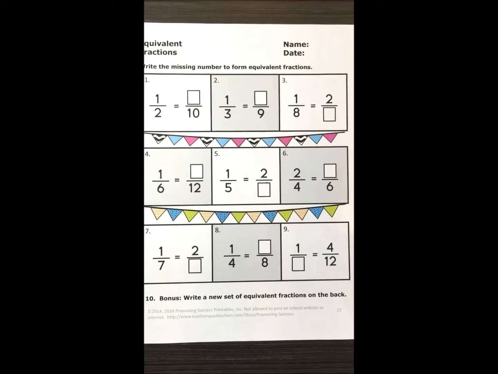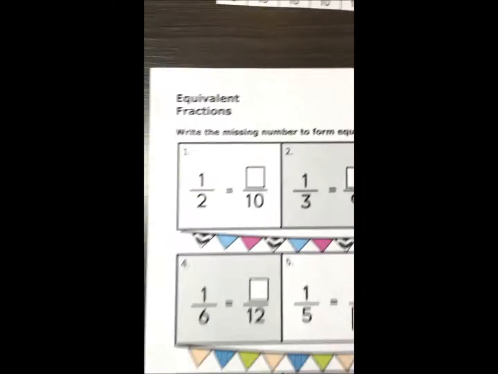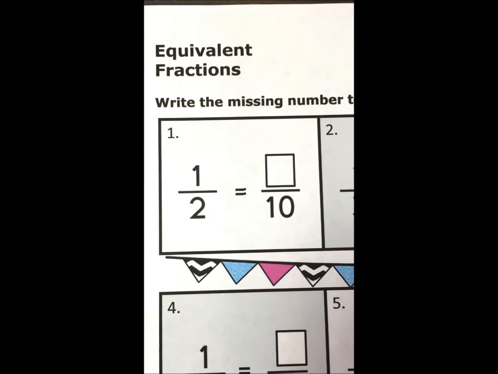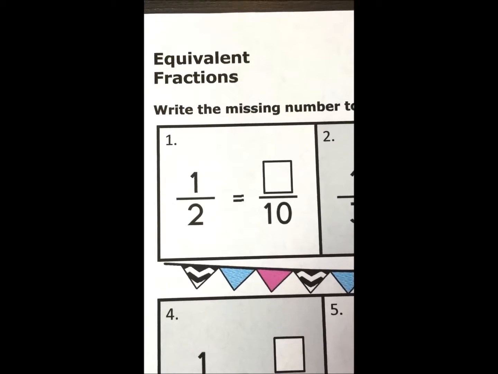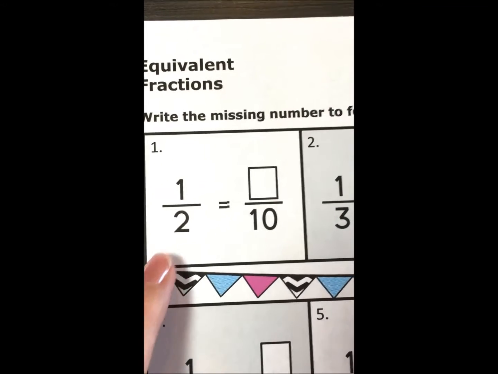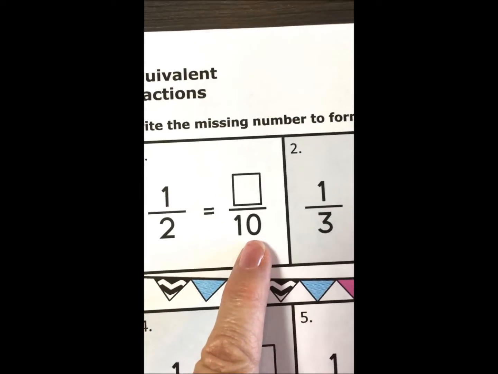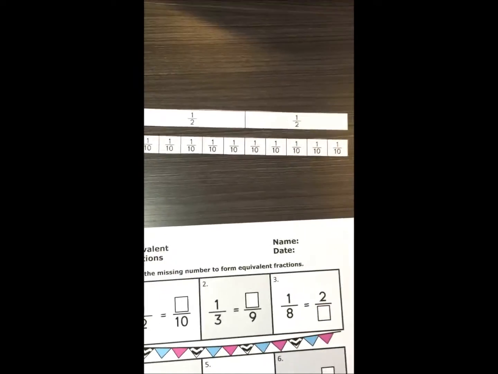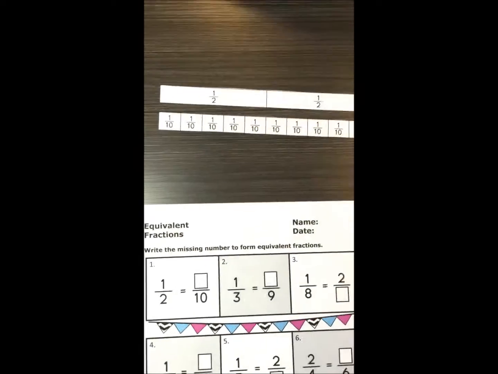Here's a worksheet for some extra practice. Let's just try a couple problems. Number 1, 1/2 equals blank tenths. So we are comparing halves and tenths as our denominators. We have the strips ready. We have halves and tenths. And remember, they have to be the same length in order to compare them.